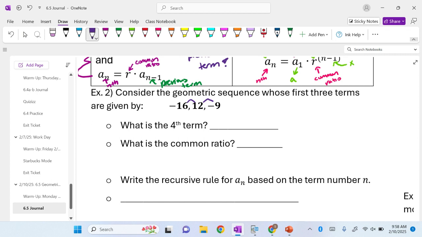So we're doing 12 divided by negative 16. And you'll get a number, which is what fraction? Negative 3/4. Now, does that also work when we divide negative 9 by 12? Do we get the same number?